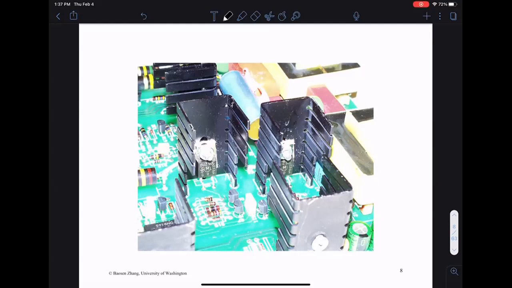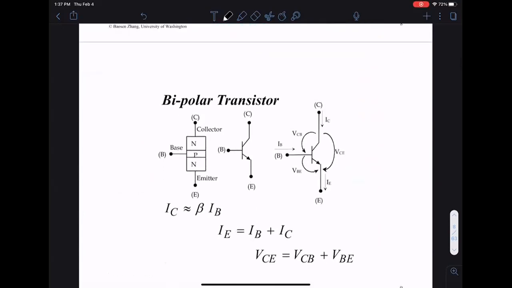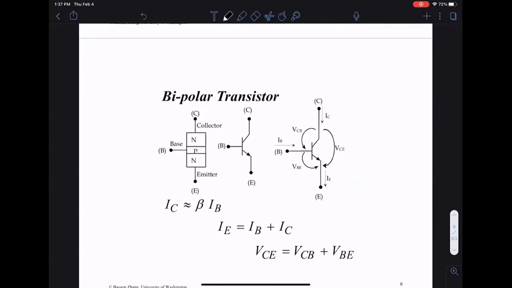How do I make these things smaller and more efficient? Having said that, for us, our switch is a bipolar transistor.